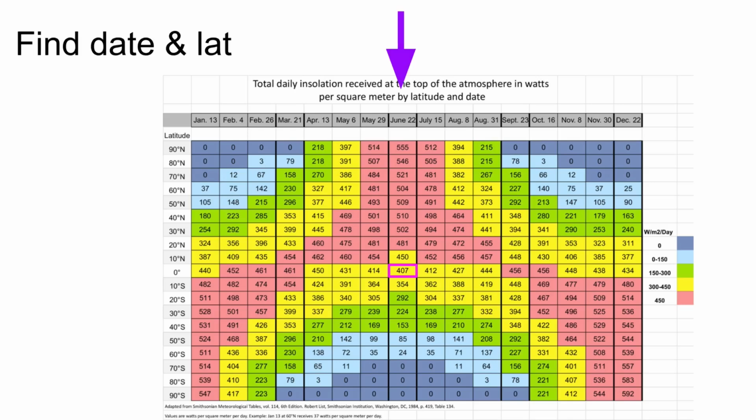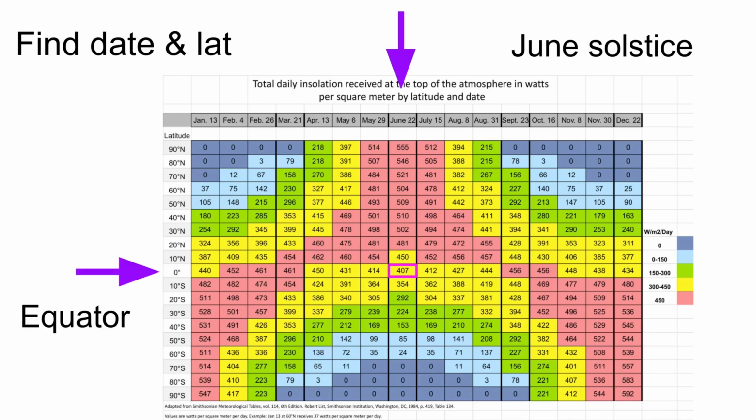And then if you find the date and the latitude, so let's go on the June solstice, at the equator, the amount of energy received at the top of the atmosphere over the equator on the June solstice is 407 watts per square meter per day.